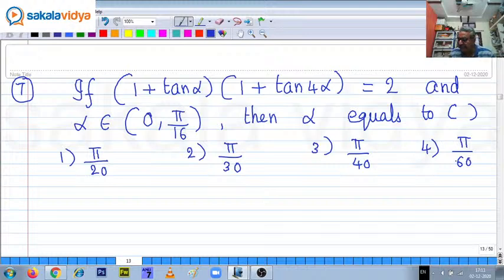This is the question. This question is based on a technique, a super trick, that we can apply from trigonometry. What is the super trick?